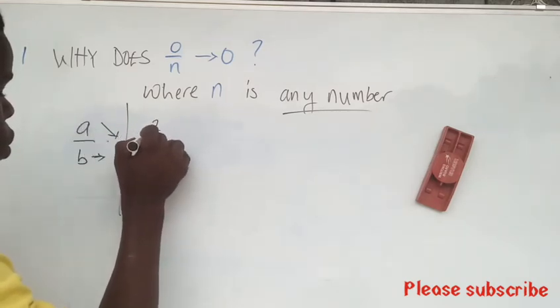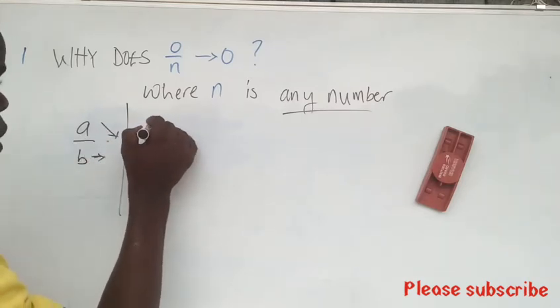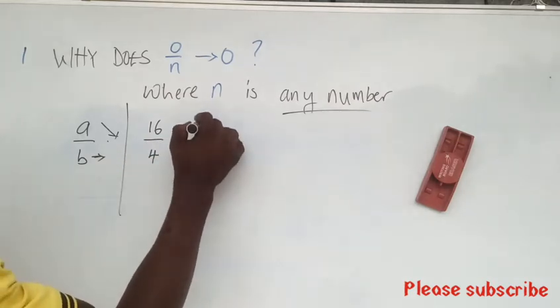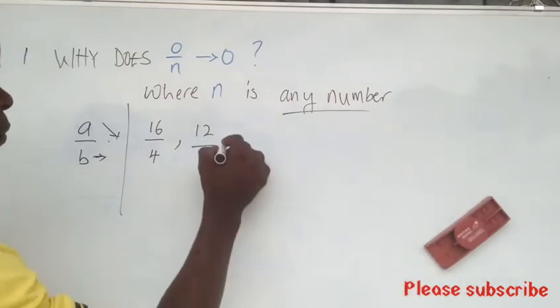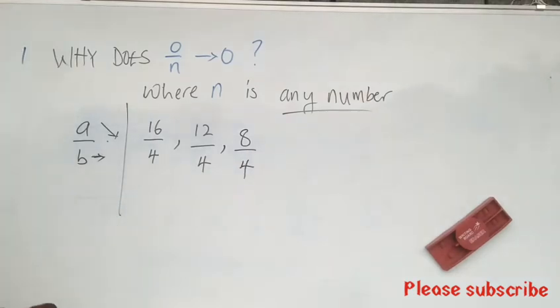Since it's getting smaller, let's start with something big. Let's say 16 over 4, 12 over 4, 8 over 4, right? You can think of many numbers.